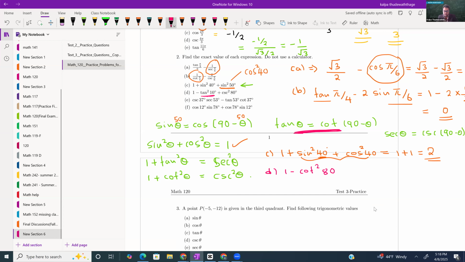For example, if you have 10 here, 90 minus 10 is 80. And I keep cosecant square. So cosecant square 80, if I bring this to the other side, it's cosecant square 80 minus cotangent square 80. So this is really plus 1. You have a minus, but if you bring it to the other side, it becomes minus. It's again 2.